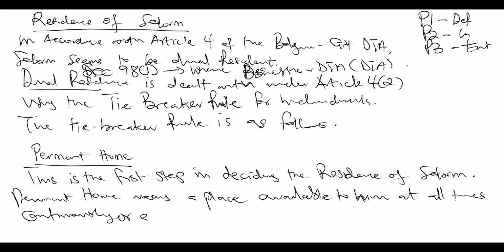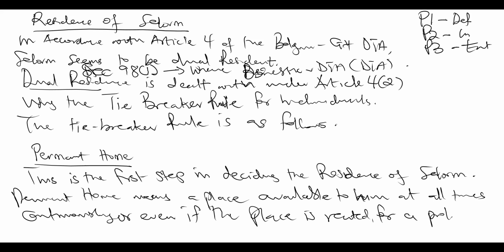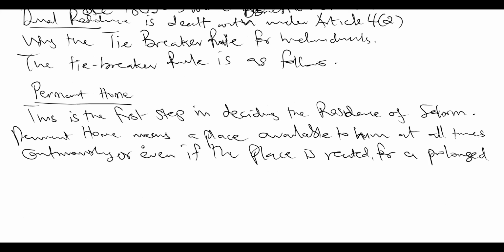Or, not so, even if the place is rented, then for a prolonged period. You see, now we're starting. It should not be a short or temporary period, right? Something simple.